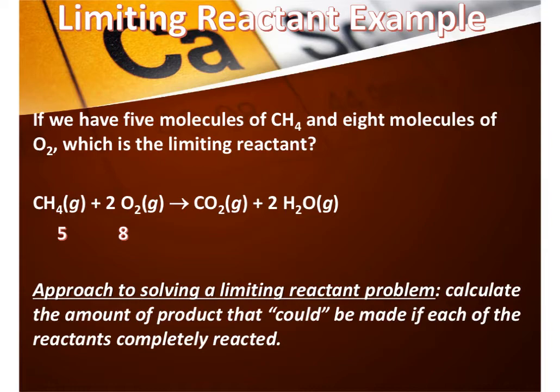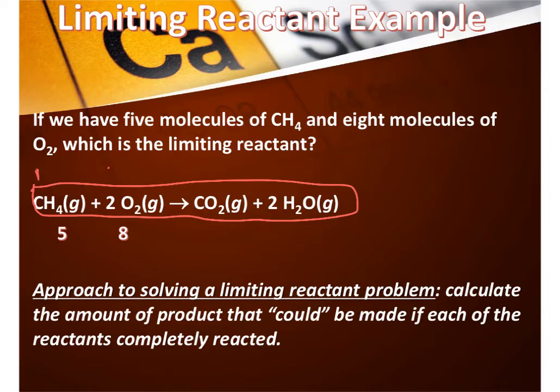Here's using a chemical reaction instead of hot dogs, okay? So look at this balanced reaction, which represents the combustion of CH4. And when I say stoichiometric amounts, if I had exactly 1 molecule of methane and 2 molecules of oxygen, my theoretical yield would be exactly 1 molecule of carbon dioxide and 2 molecules of water, right?